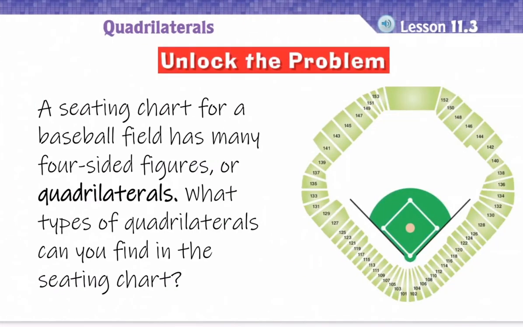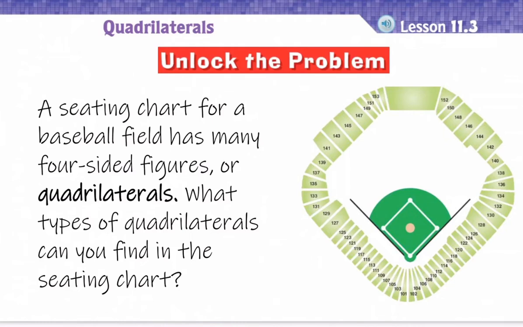Okay, here is the Unlock the Problem lesson on lesson 11.3 for quadrilaterals in your Go Math textbook. A seating chart for a baseball field has many four-sided figures, or quadrilaterals. What type of quadrilaterals can you find in the seating chart? So you'll be able to answer this question after we learn what is a quadrilateral, what are types of quadrilaterals, what are some of the properties that they have.